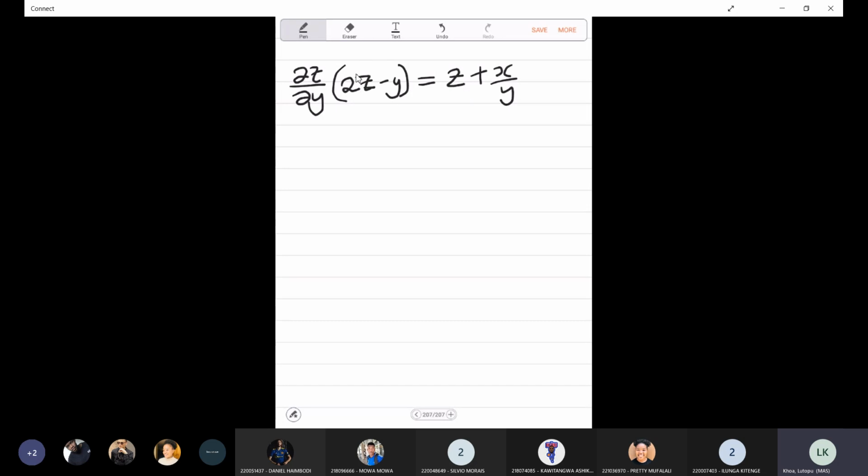Okay, before we divide by this, you may want to combine this as a single fraction. So this is zy over y.